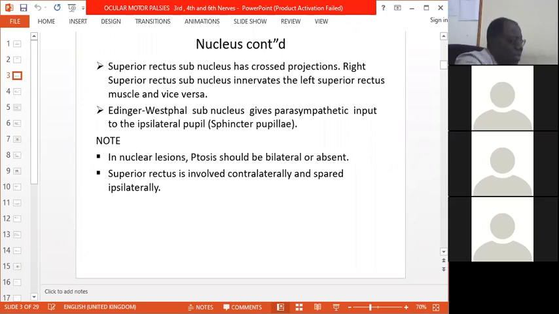Because these two nuclei are not next to each other, are they? No. Wrong statement. It should not be bilateral. In fact, it should be absent. In my opinion, superior rectus is involved contralaterally and spared ipsilaterally.